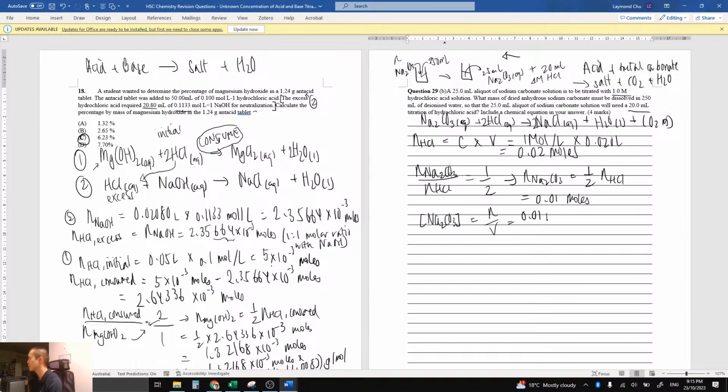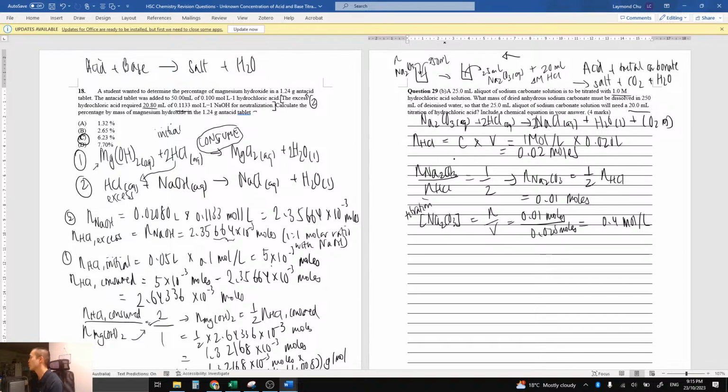So 0.01 moles over the volume for the titration, which is 0.025 liters. 0.01 over 0.025 is 0.4 mole per liter. So that is the concentration of the aliquot of the sodium carbonate solution that was diluted.